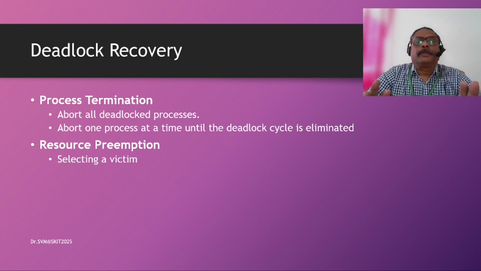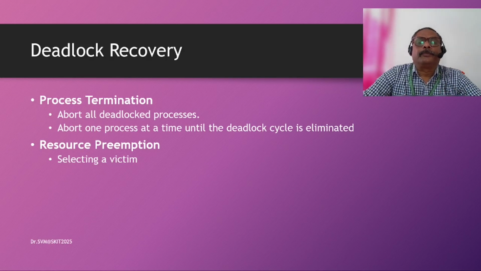As we have seen, the deadlock can be recovered from by preempting the resource. Now the question is which process should be taken up. One of the processes that is in deadlock has to be selected.